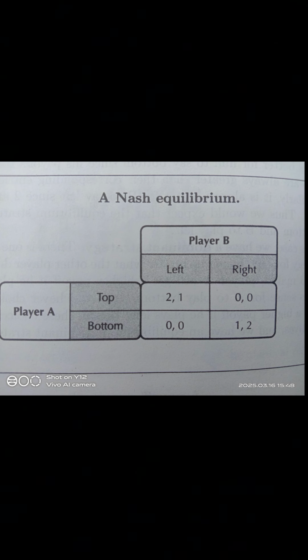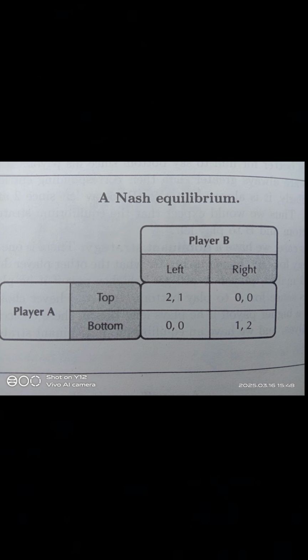So what is Nash equilibrium? In this example, Nash equilibrium means A's choice is optimal given B's choice, and similarly, B's choice is optimal given A's choice. In other words, Nash equilibrium means each player is making the optimal choice given the other player's choice.